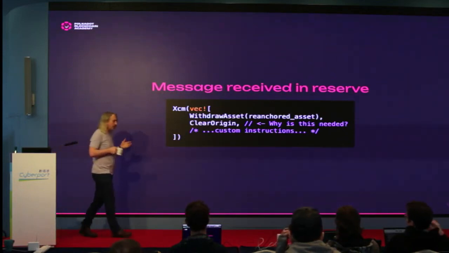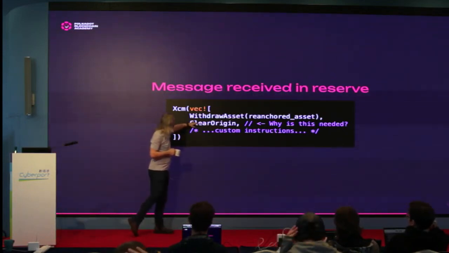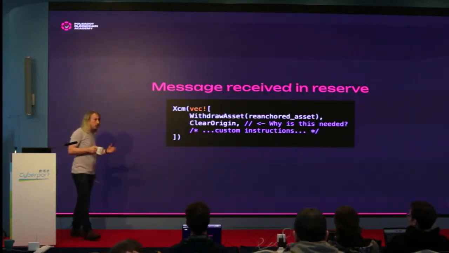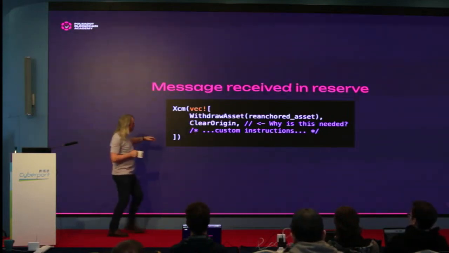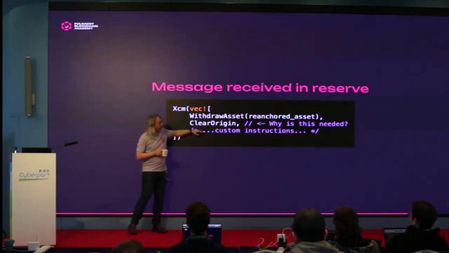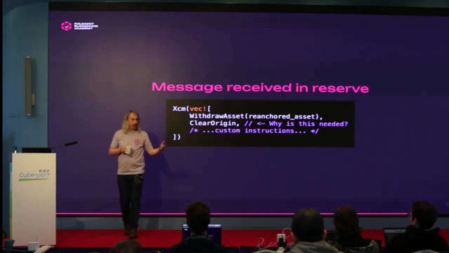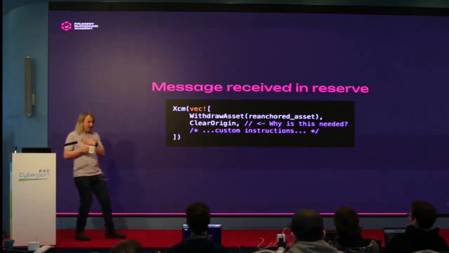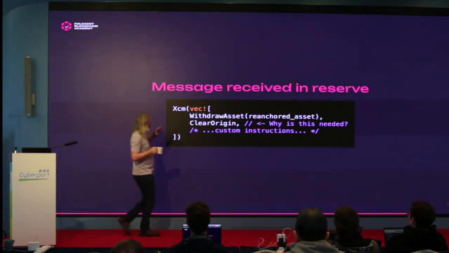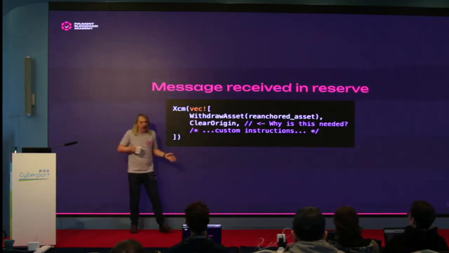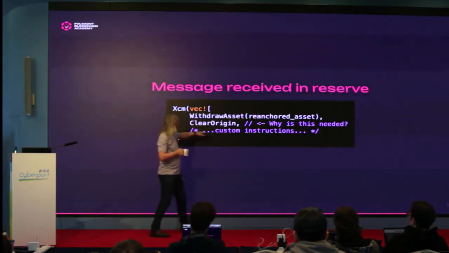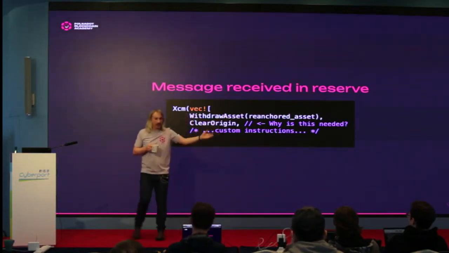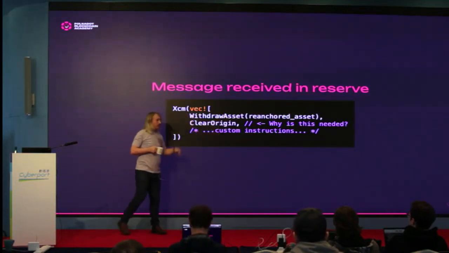The origin is allowed to be none, and that's what this instruction does. It says set the origin to none, right? There is no way that what I'm telling you to do can be trusted to be coming from its real initiator, and it's definitely not coming from me. Therefore, just pretend they're not coming from anyone, right? And the only thing these instructions can work with is the asset, the contents of the registers as they stand, i.e. after the withdrawal. Yeah, go on.